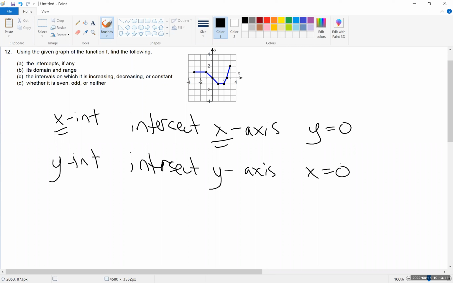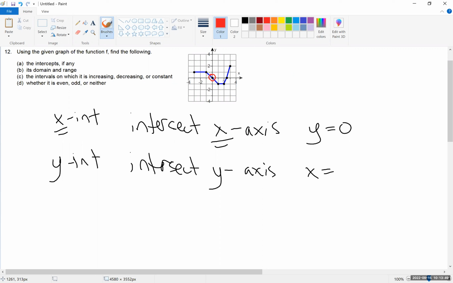So when we're looking for the x-intercepts, we just follow the x-axis. The first time we touch the x-axis is at 0, 0. So 0, 0 is an x-intercept. And then I drew over it, so let's go back and not draw over it. The second x-intercept, this one right here is 0, 0.